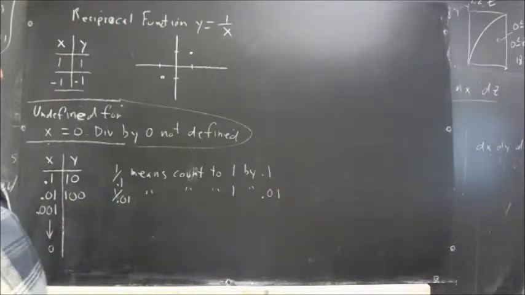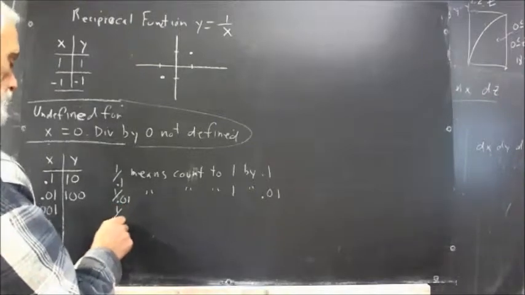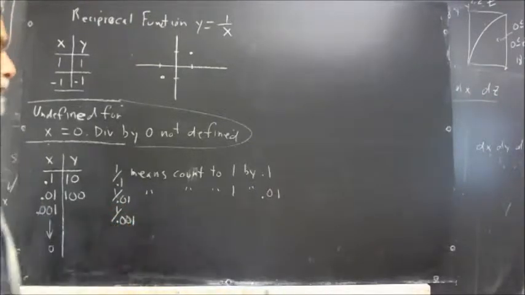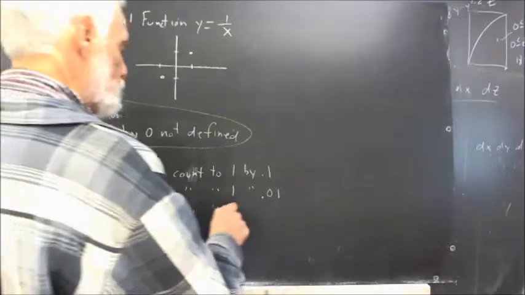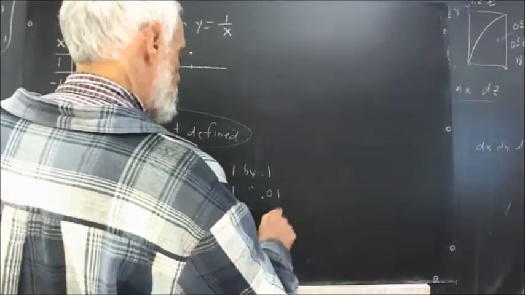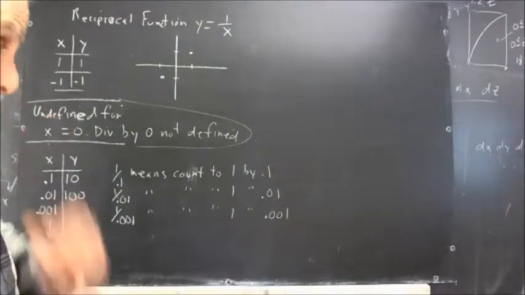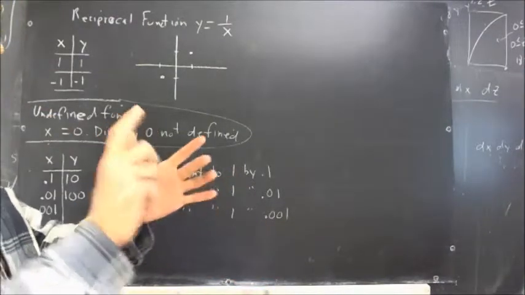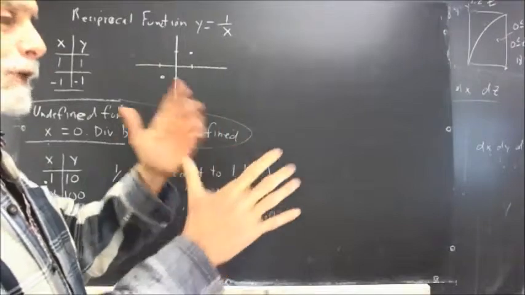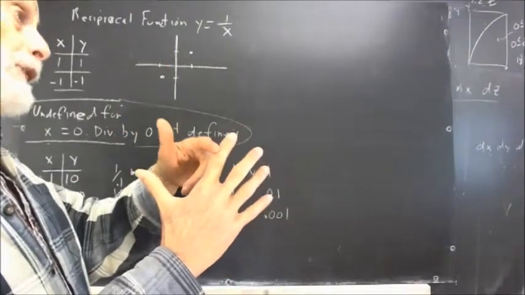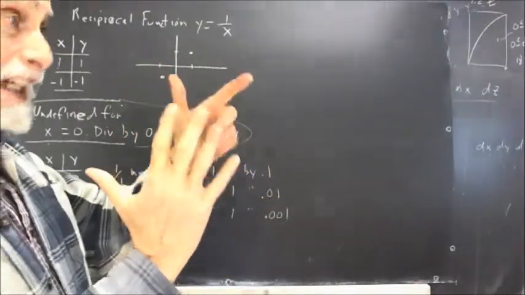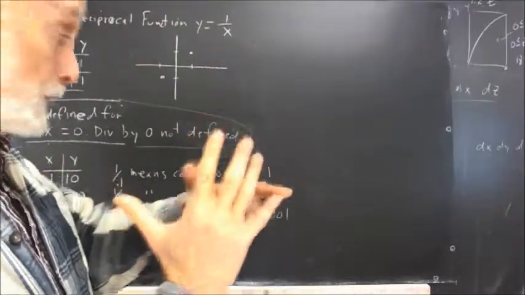Now, 1 divided by 0.001 means you count to 1 by 0.001. Well, that would take a while. We count 0.001, 0.002, 0.003, 0.004, 0.005, 0.006, 0.007, 0.008, 0.009, 0.01.